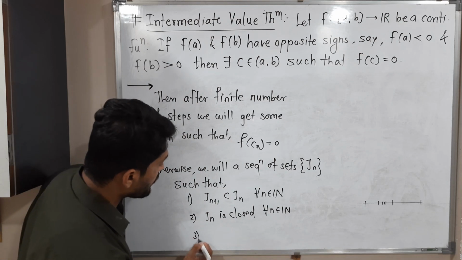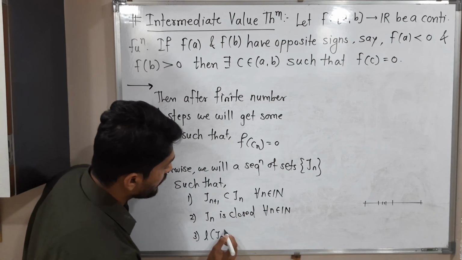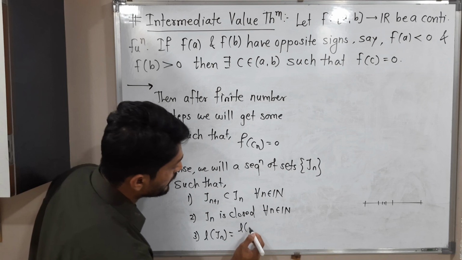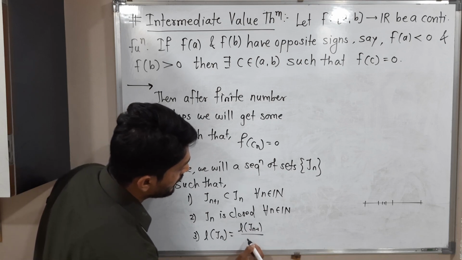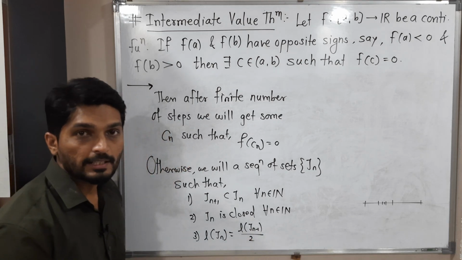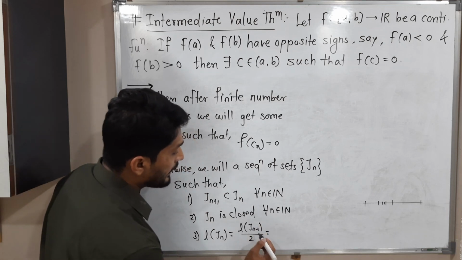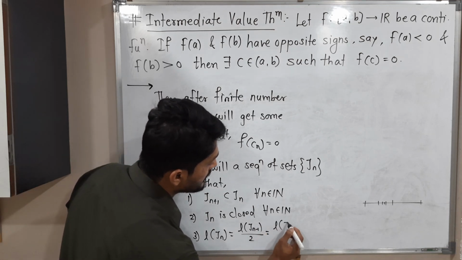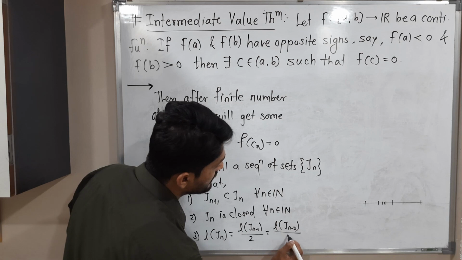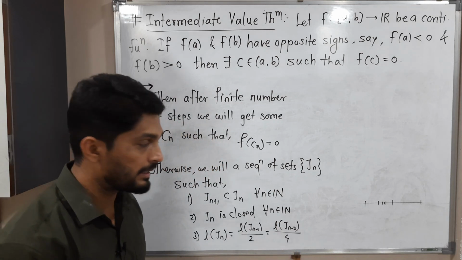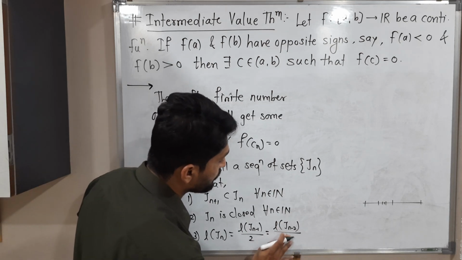And let us talk about the length of Zn. So the length of Zn, actually it is half of the length of the previous interval, that means the length of Zn minus 1 is half of the length of Zn minus 2. So by 4 will be there, or you can say 2 squared.